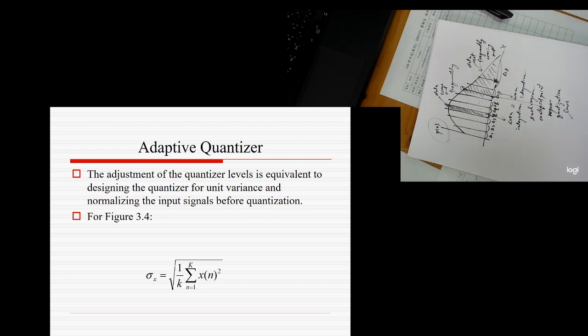The adaptive quantizer is based on what kind of data you currently have. So right now, with your data, we can dynamically update your quantization level. For this example, we consider your input signal.